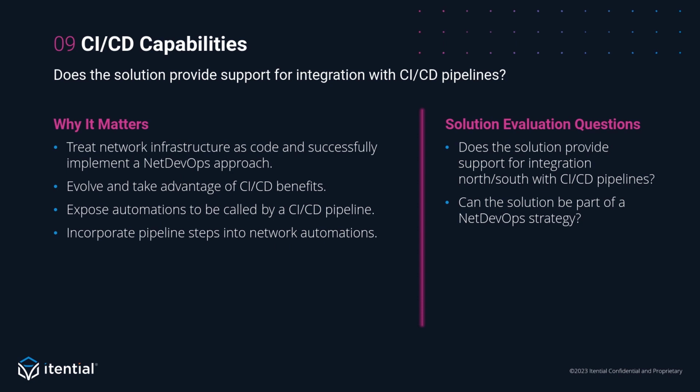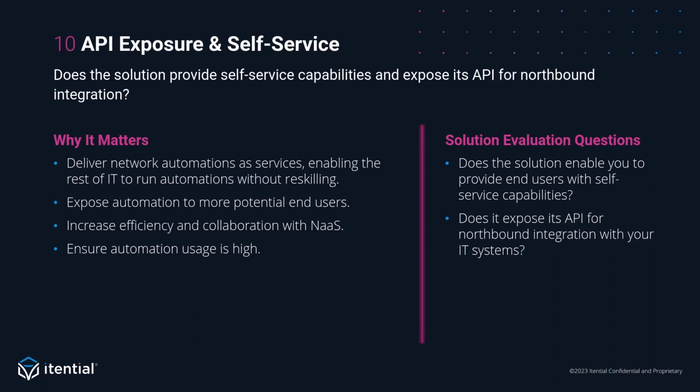But only if the solution has got some good hooks into being able to act as part of a larger pipeline and CI/CD implementation. So think about this as you're looking at tools and solutions and capabilities to say, is this going to give me what I need as my teams move further into net DevOps kinds of principles? Or does this present some obstacles for my goals to do that?